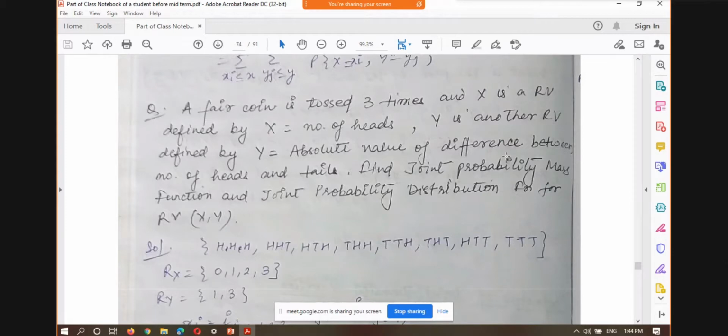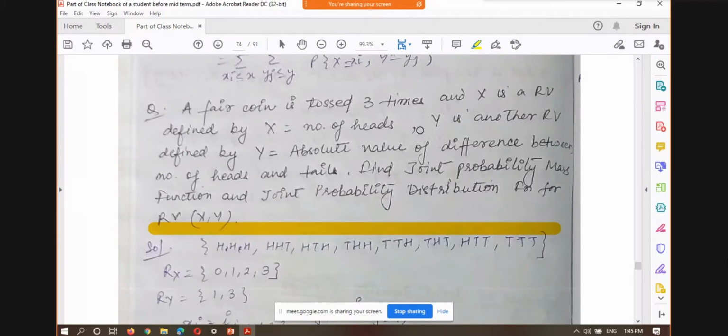Find the joint probability mass function and joint probability distribution function for the random variables x, y. If only this much question is provided to you, the probabilities are also not provided. You do not have the joint probability mass function, so you have to calculate that one.